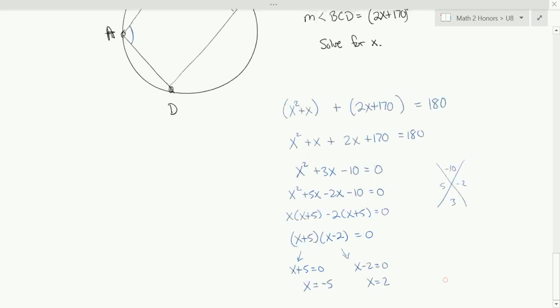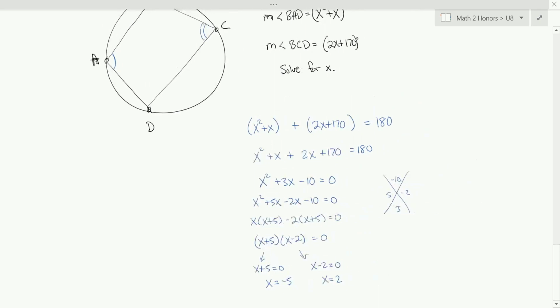And then we have to decide, do we keep both of them? Do we get rid of one? What do you think? And how do you know? Well, it's okay to have a positive or negative answer, as long as if you were to plug it back into the problem, it doesn't give you something that doesn't make sense. Like you can't have a negative angle.